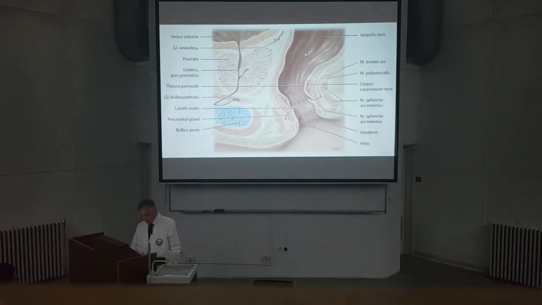In embryology, the large intestine stops here, and the anal canal starts from outside and goes in, and they meet. A membrane remains, but at the moment of birth, this membrane is broken. Sometimes it doesn't.